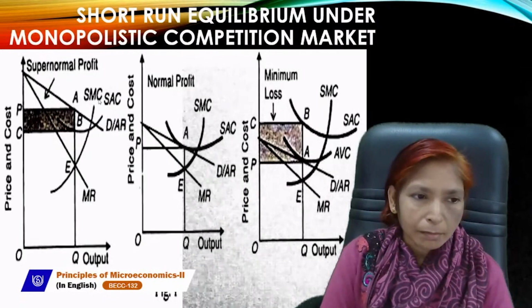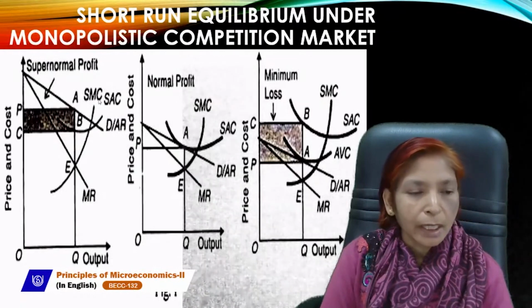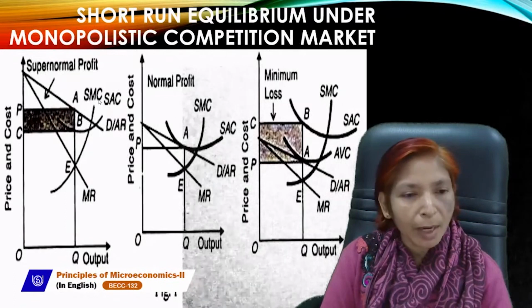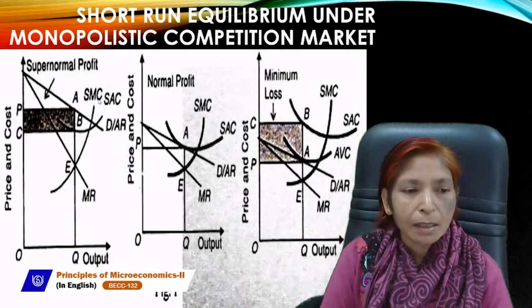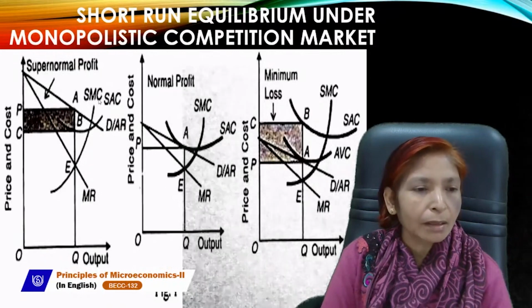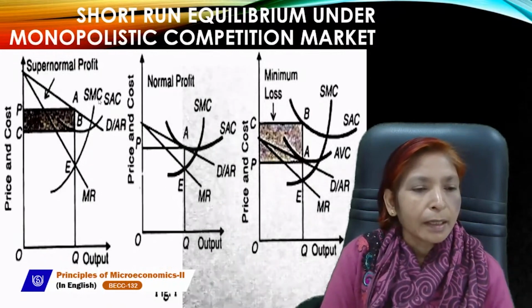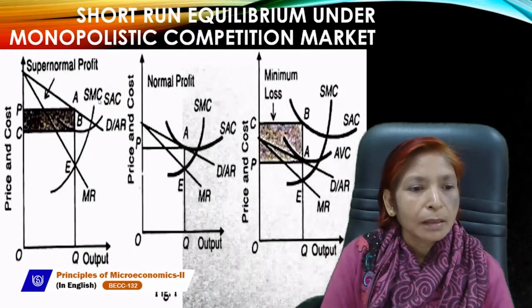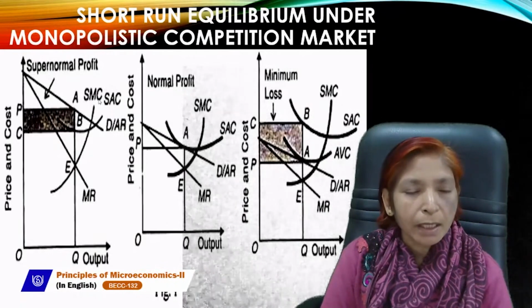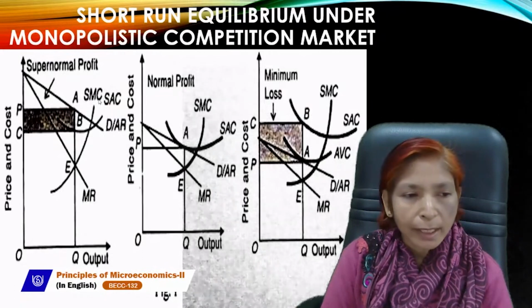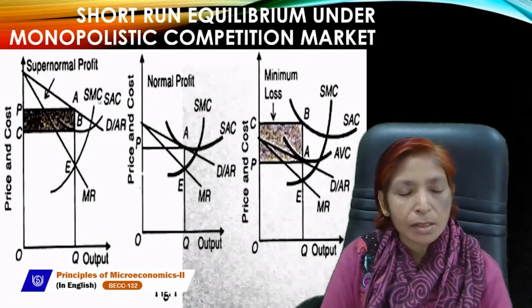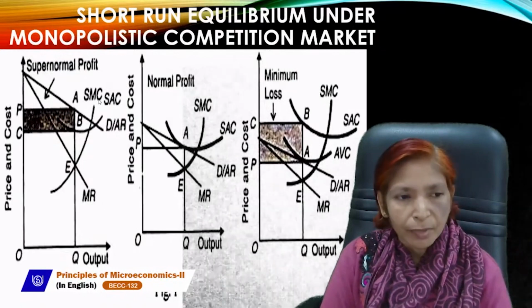Now the first diagram, in which AR is a downward sloping curve. AR is known as the demand curve, and MR is also a downward sloping curve and always remains below the AR curve, and AC is a U-shaped curve, which shows that in the beginning cost is falling, after that cost is minimum, and at last cost starts rising.